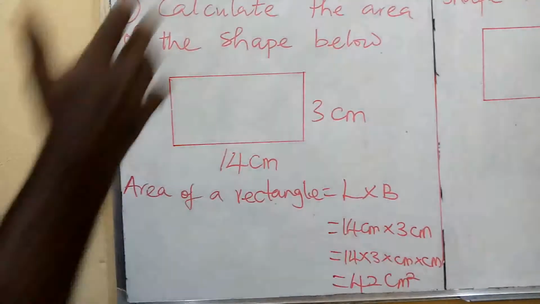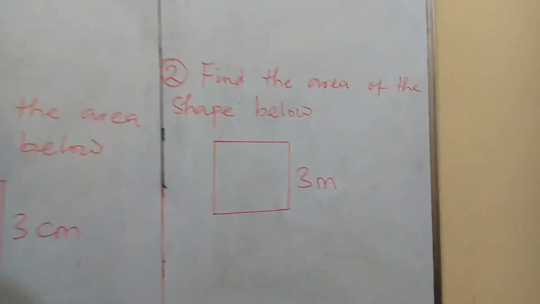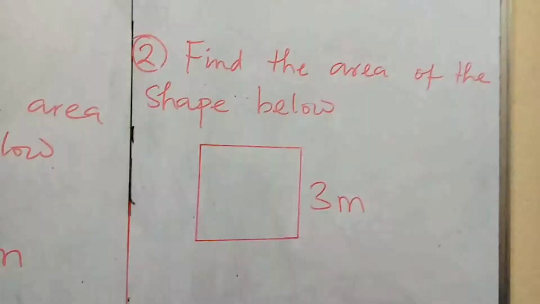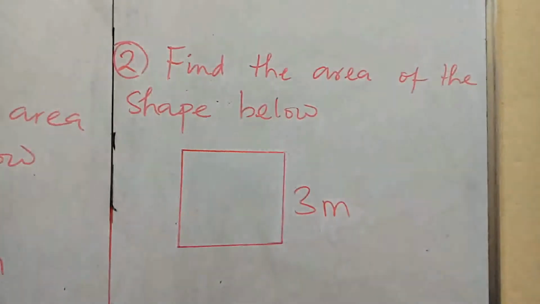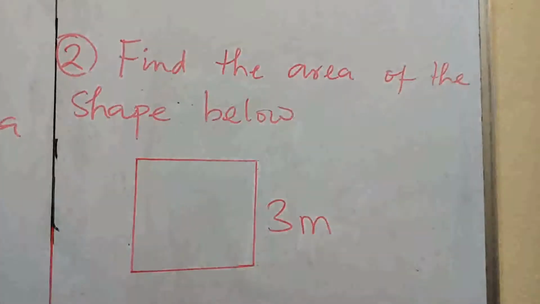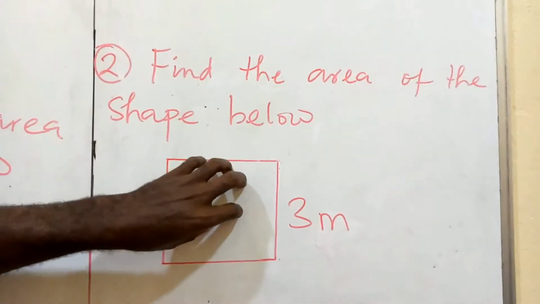Let's proceed to the next example. Example 2, and the question is: find the area of the shape below. First of all, what shape is this?